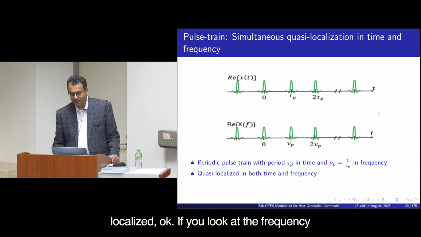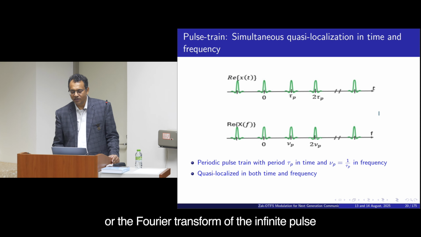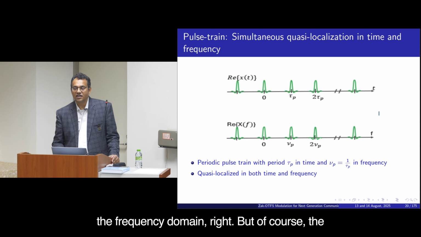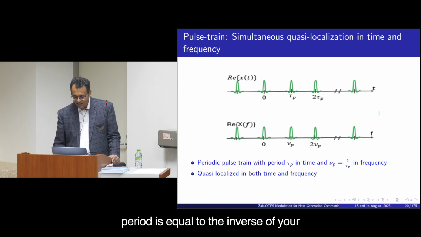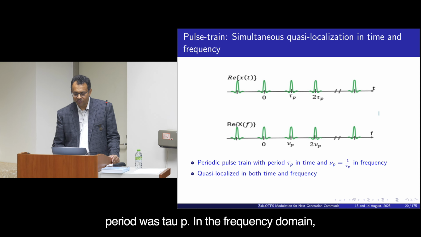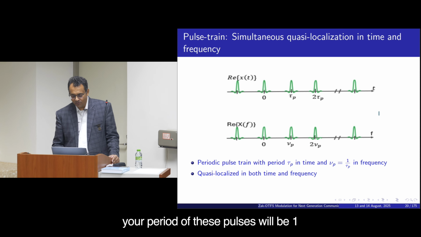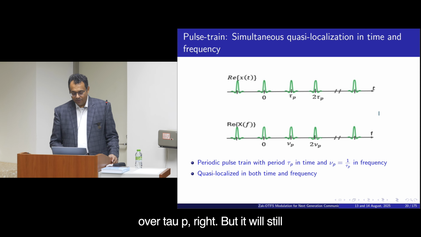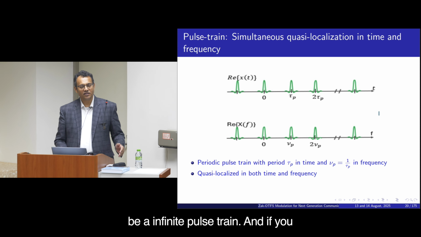If you look at the Fourier transform of the infinite pulse train, that's also a pulse train in the frequency domain. But of course the period is equal to the inverse of the time period, and the time period was tau p. In the frequency domain, the period of these pulses will be 1 over tau p, but it will still be an infinite pulse train.